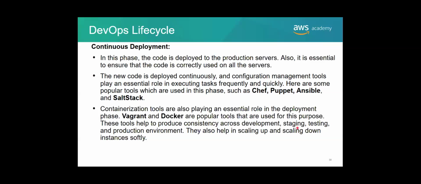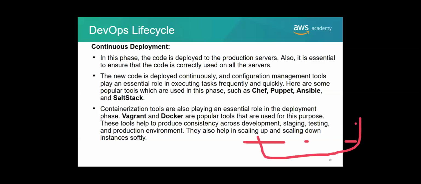Why do we need to use tools like Docker and all those things? Mainly because we want to produce consistency. The environment should be consistent in the development phase, testing phase or staging phase, everywhere, and the production environment also should be good, right? And the deployment phase mainly will help you with that. They will help scaling up and down.